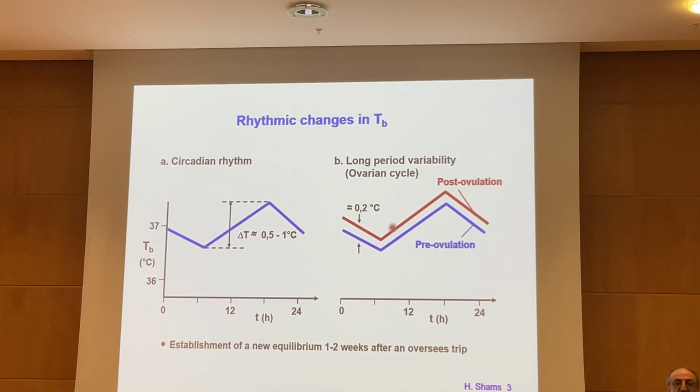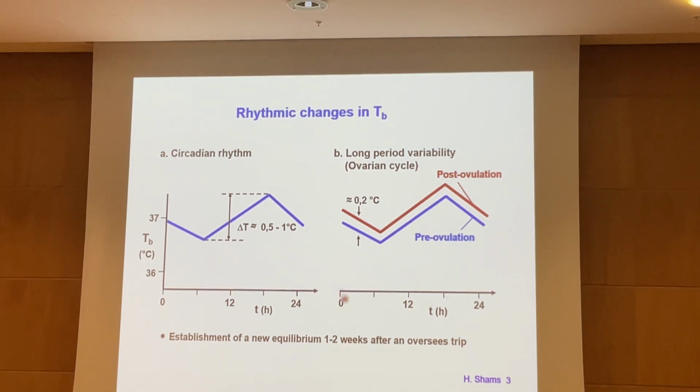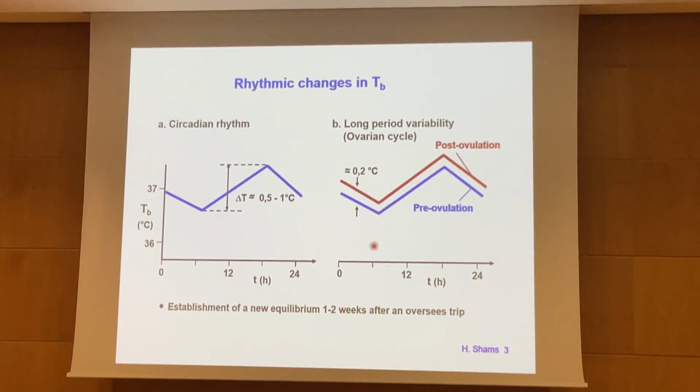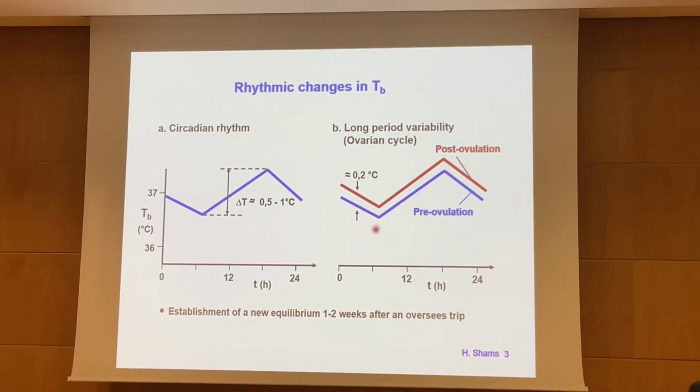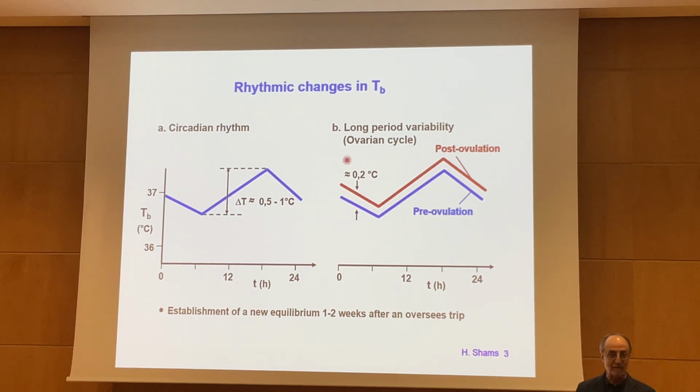And if you use that method for avoiding pregnancy, you have to measure body temperature always at the same time. You cannot measure the body temperature once here and another time here, then you make a mistake. The body temperature must be measured always at the same time.